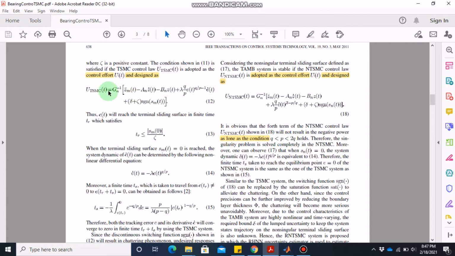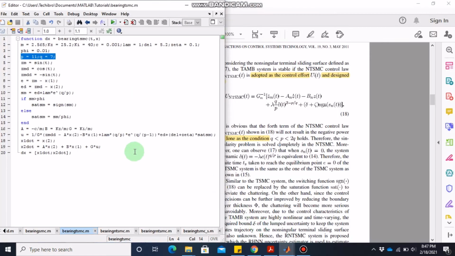But the error raised to the power q over p creates a lot of problems, at least for me. I have not investigated this in detail, because magnetic bearing control is not really something I do for my own research. This is just something I'm doing for the community.